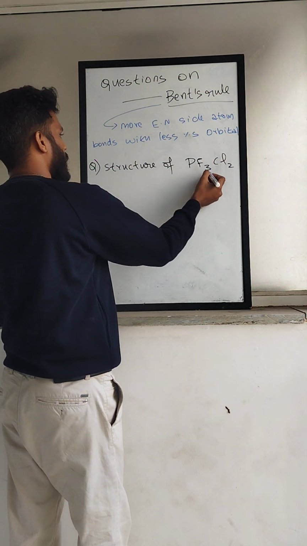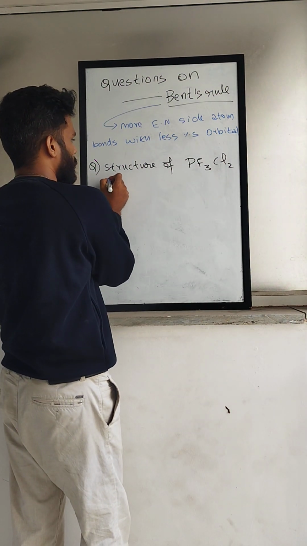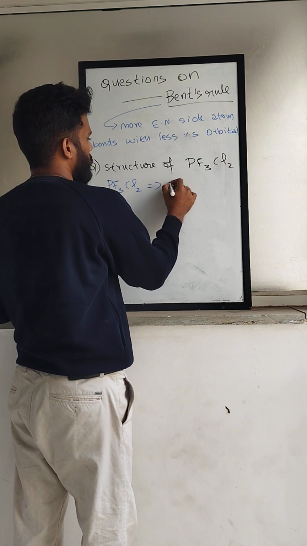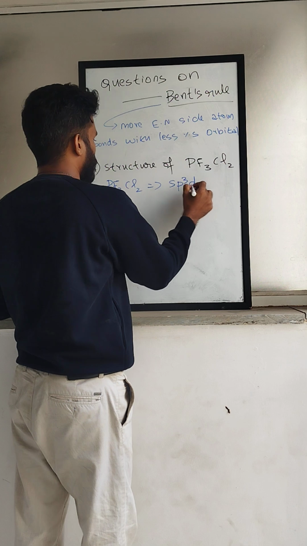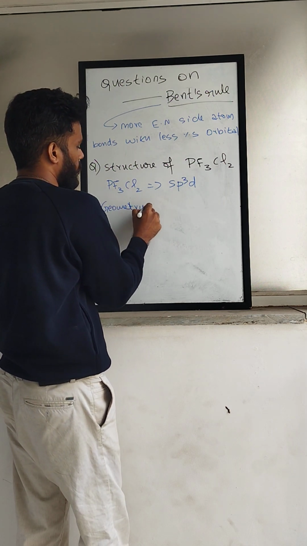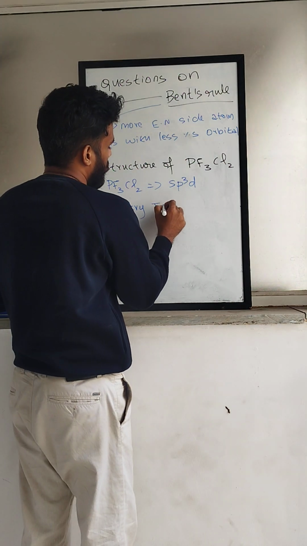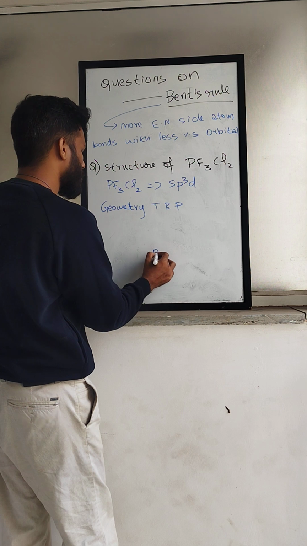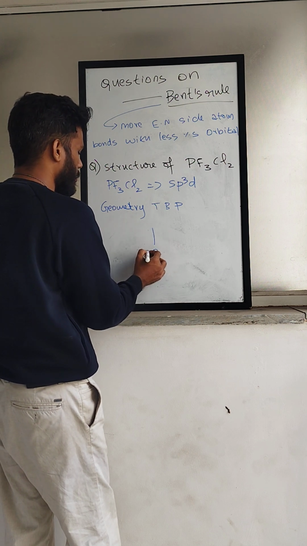By that, you can understand the hybridization. PF3Cl2 hybridization is sp3d, which means the geometry is trigonal bipyramid.